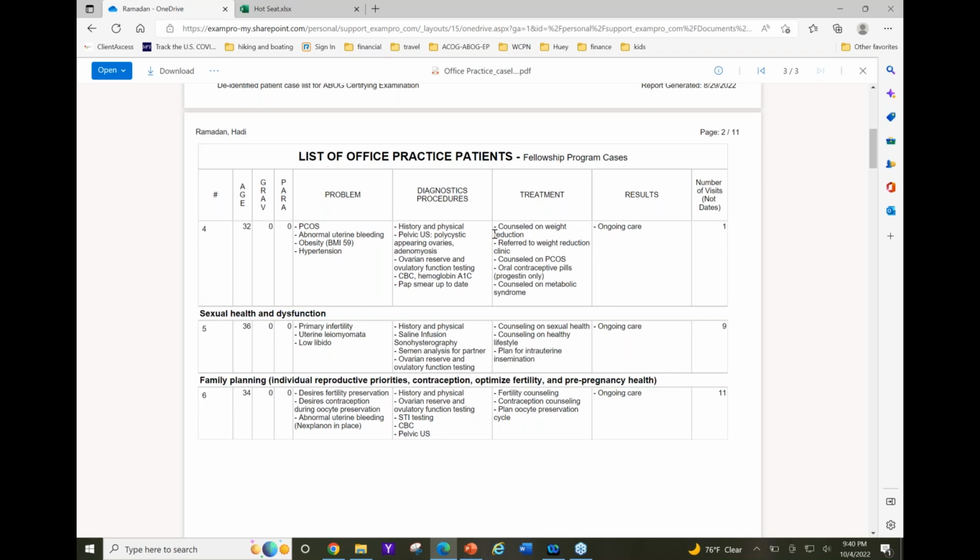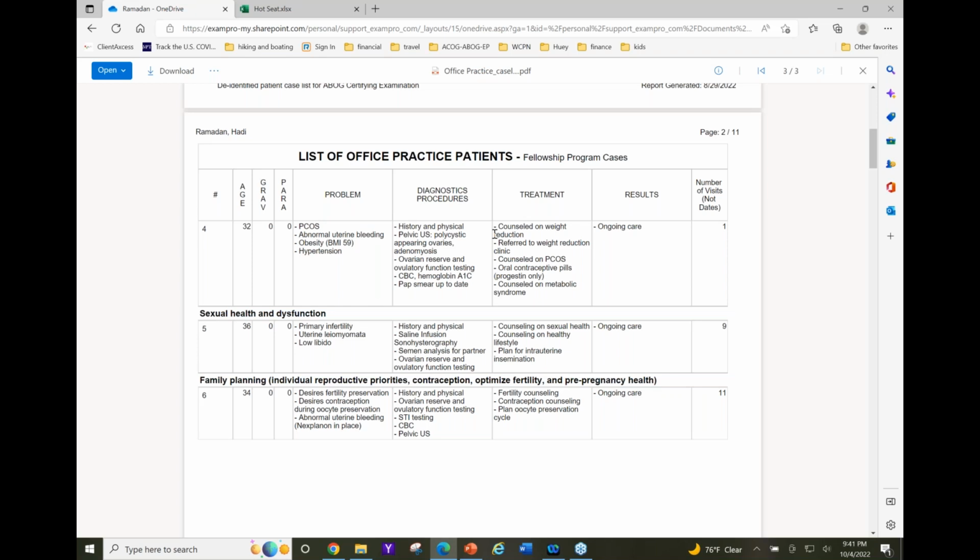So in this case, this patient came in, she's a 32-year-old, she had a BMI of 59, and she had PCOS, and she was also being evaluated for her ovarian reserve and for her abnormal uterine bleeding.